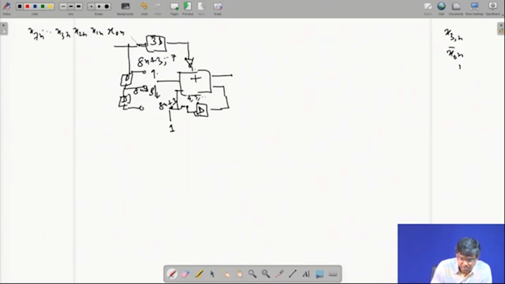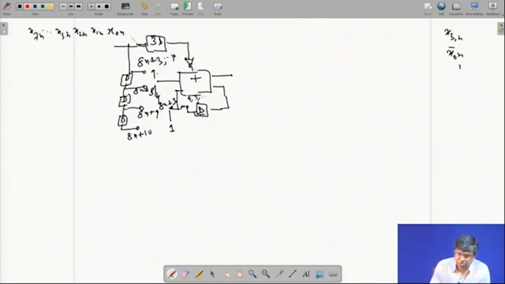Okay, this is how it will go. It will touch it here.